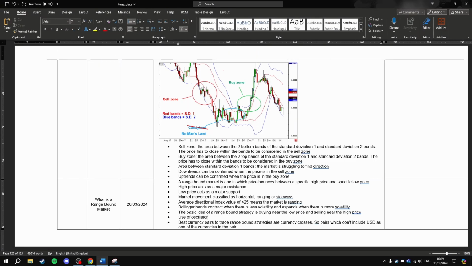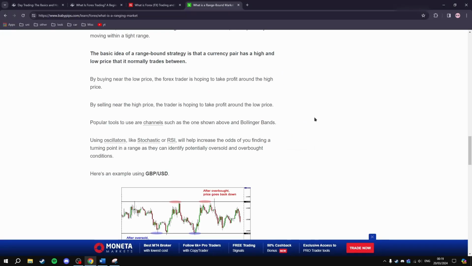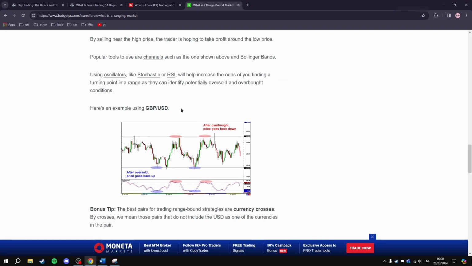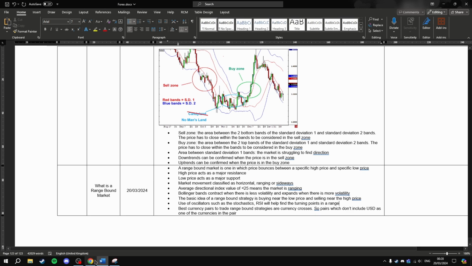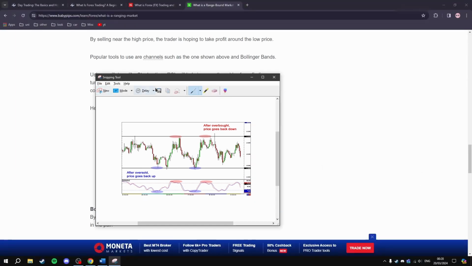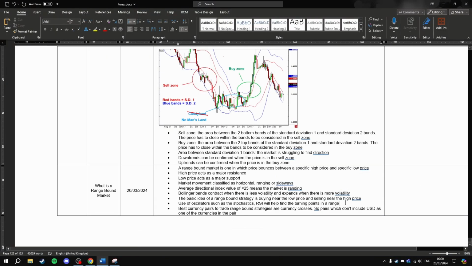Use oscillators such as the stochastics, RSI or relative strength index, to help find the turning points in a range. Do that, boom, bang.